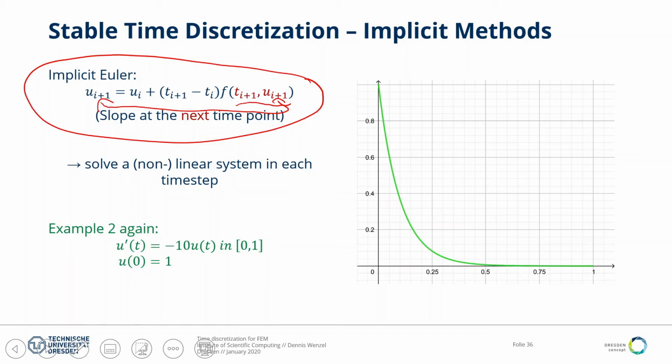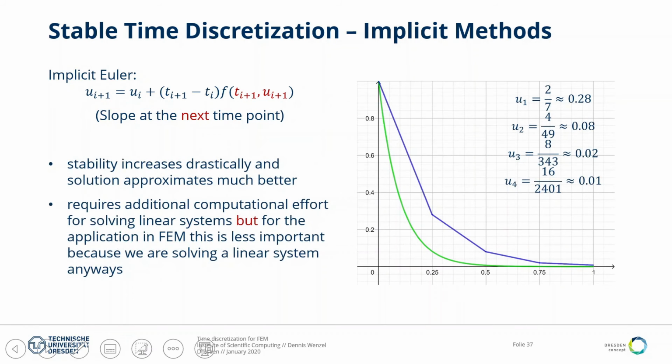If you look at this again and use the implicit Euler method, then you see that it's still, of course, not a perfect approximation, but the numerical solution definitely resembles the behavior of the exact one. So you have stability here, you have a decent approximation. It's not great, but it's decent. So at least you see, okay, it's decaying, it's getting smaller, and so on.